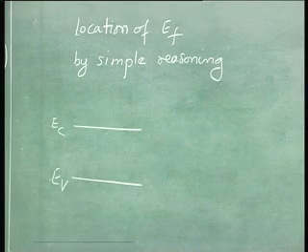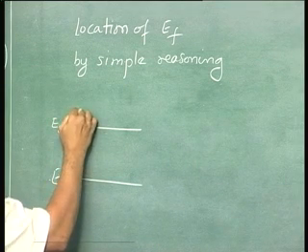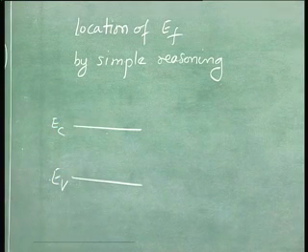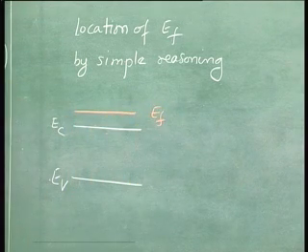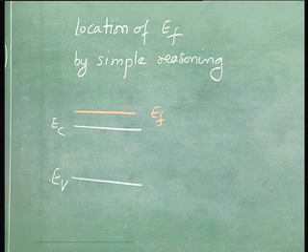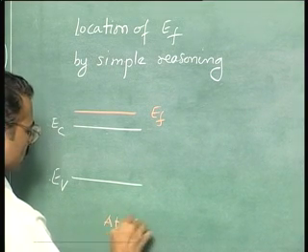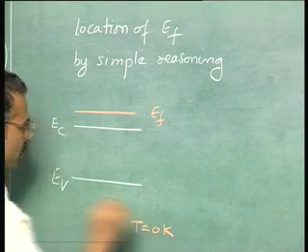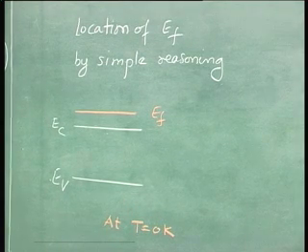So it is clear that the EF cannot be in the conduction band, because if the EF was here in the conduction band, then so we are talking at t equal to 0. And then we will consider what happens for higher temperatures.